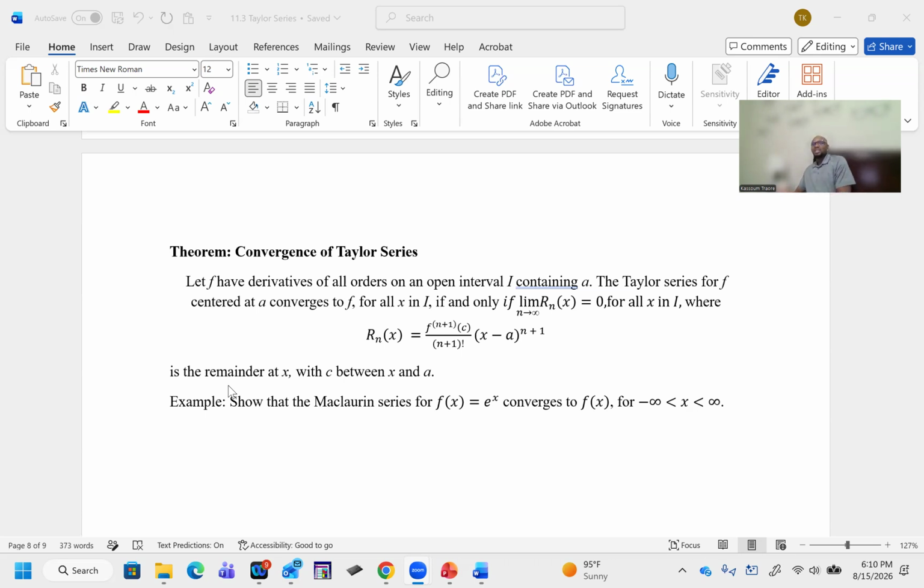So let's do this example quick, the last one. Show that the Maclaurin series for f of x equal to e to the power of x converges to f of x for x between negative infinity and positive infinity.